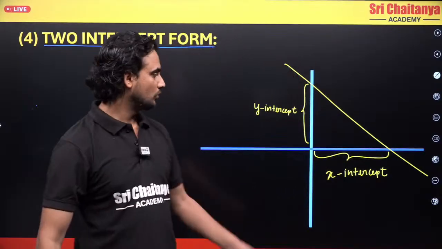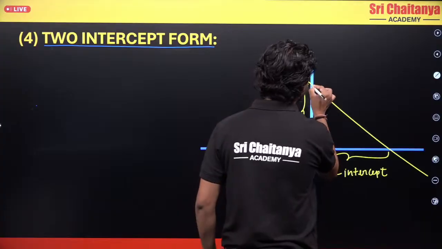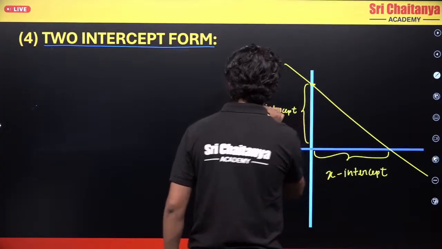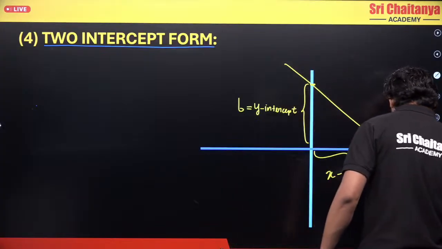So I have the y intercept and the x intercept, and let's say the value of the y intercept is b, and the value of the x intercept is equal to a.